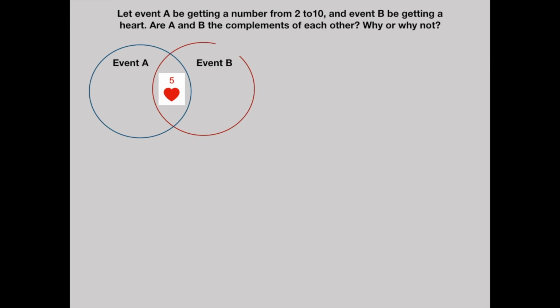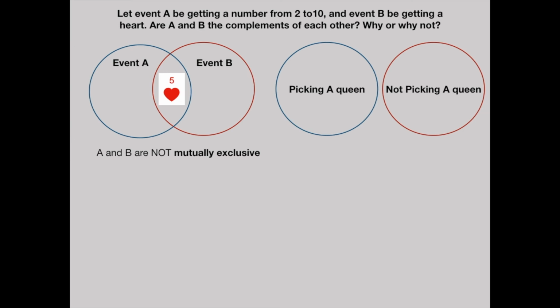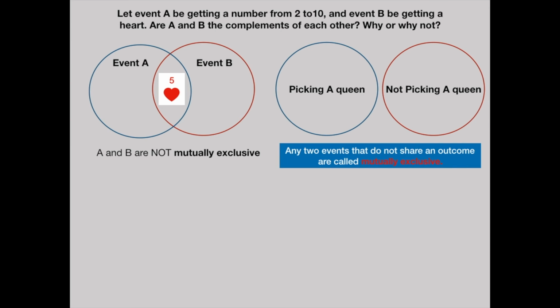Also, it belongs to event B because it's a heart. You can see that these two events share at least one outcome, and that means they are not mutually exclusive. So events A and B are not mutually exclusive. Versus if the two events do not share any outcomes, then they are mutually exclusive.